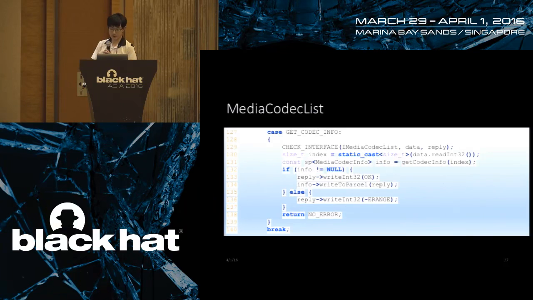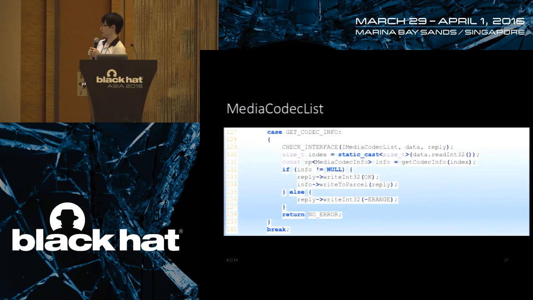There is a function called getCodecInfo, and we can see that this is the server-side implementation. An index is passed in through data read int32, and the index is passed to getCodecInfo. If the info is successfully retrieved, it will be written back to the Parcel in the info writeToParcel function.